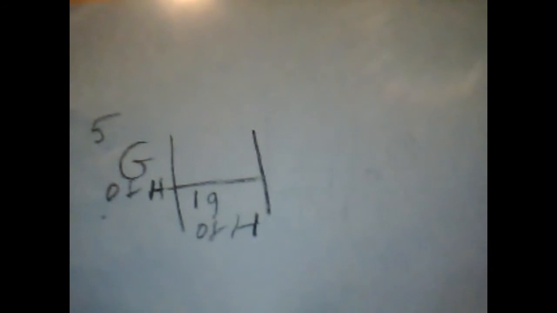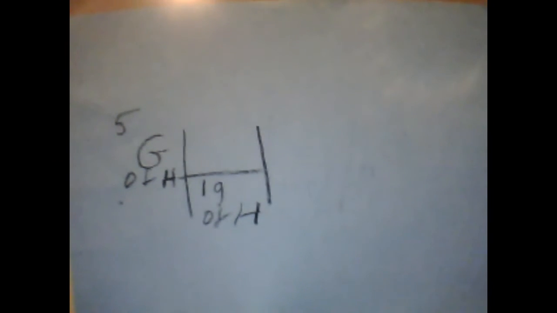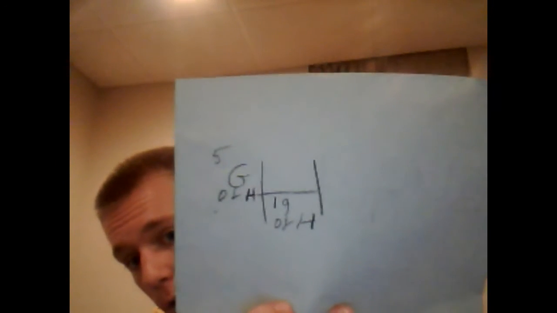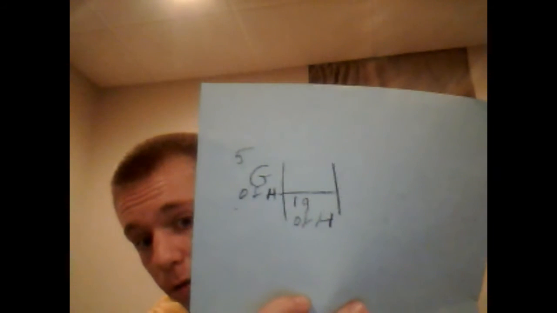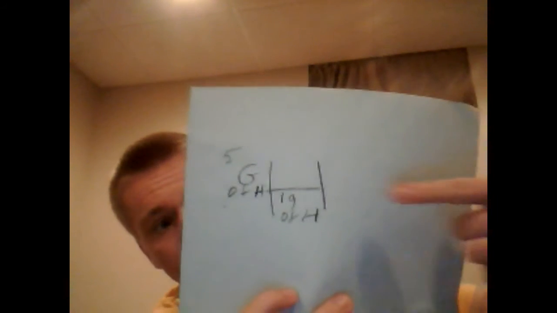Once you have an equation set up like this, for example, 5 grams of hydrogen is your given. You need that 1 gram of hydrogen on the denominator right there to cancel that out. So coming from grams and trying to get the moles, you're going to need your molar mass. So we're going to put our molar mass right there.